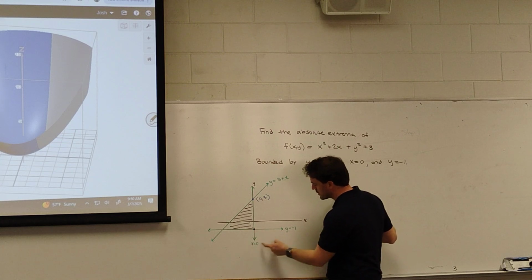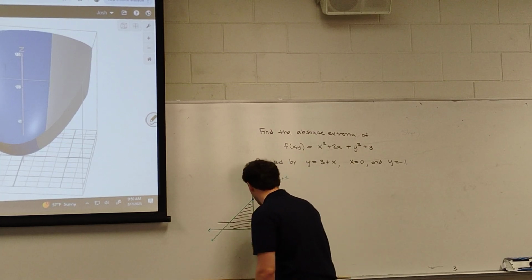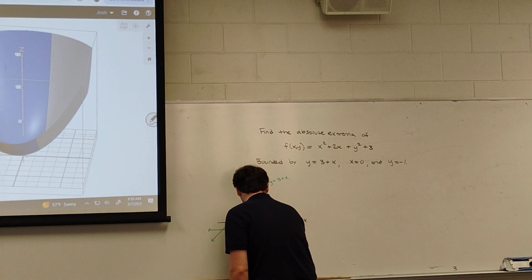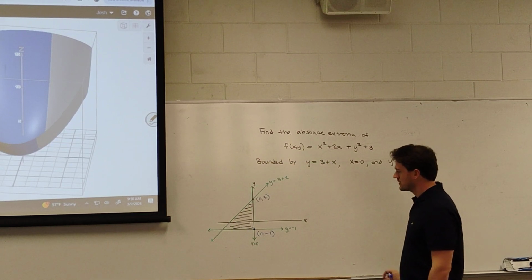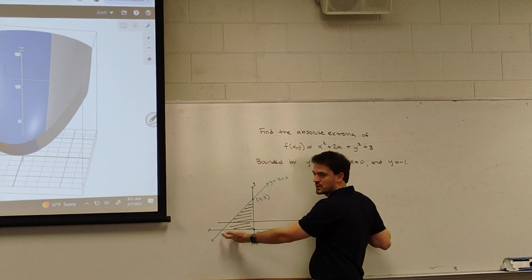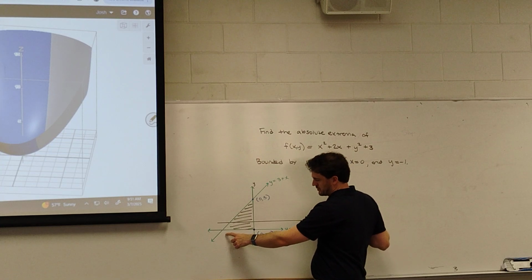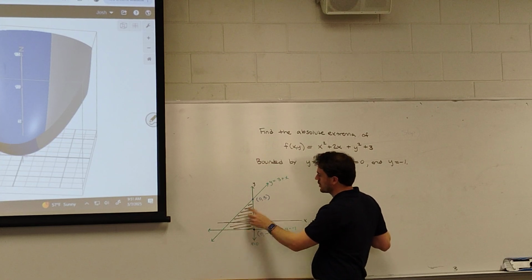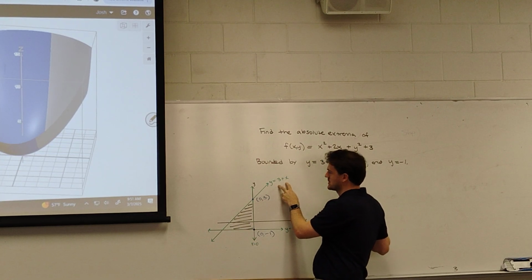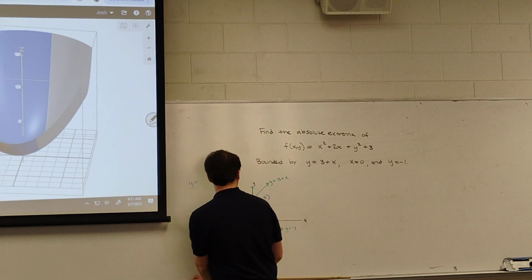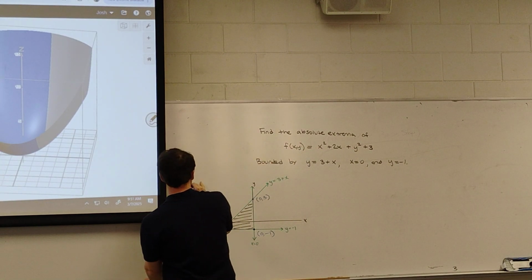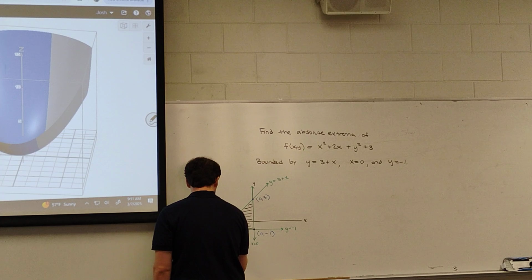This is an x value of 0, a y value of -1, so 0, -1. This one I know has a y coordinate of -1, but to find the x coordinate, I could just set this equal. I could say, when does 3 plus x equal -1? When x is -4?